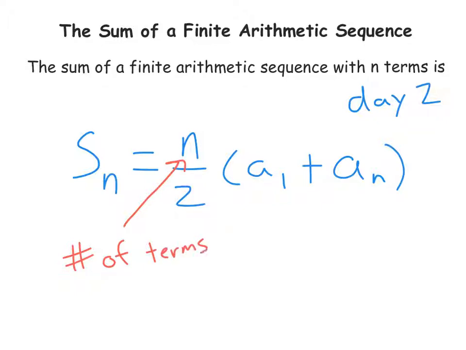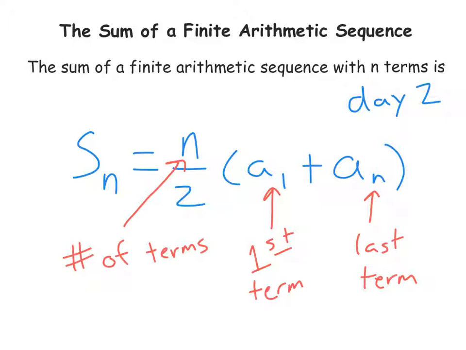That number will typically be specified. And then over here, we have the first term. You could say the nth term, but I think a better way to describe it is the last term. We have to know what that is because we're interested in what the first term and the last term add up to.